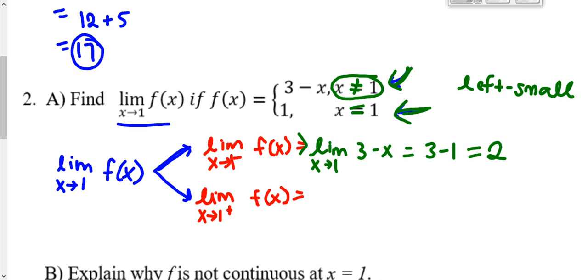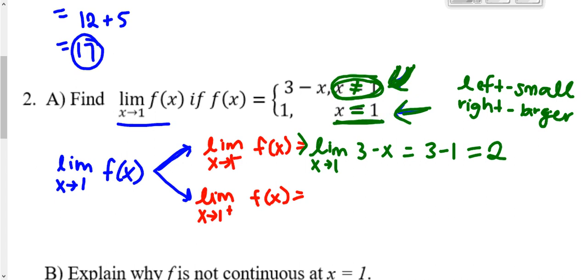Then, to find the other limit, we're looking at the right, which means larger. But in this case, we don't have a larger and a smaller. We just have a not 1. So again, we will use the first line because we don't want at 1, and that's our only other choice.